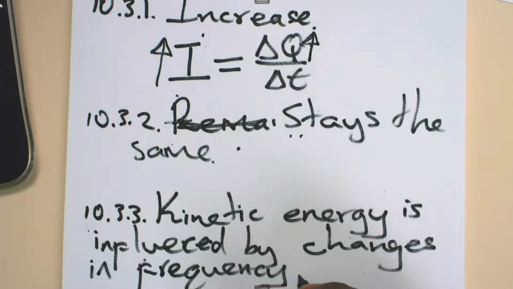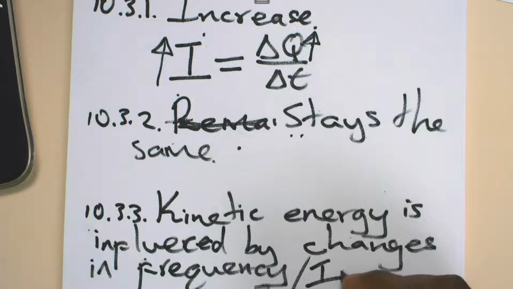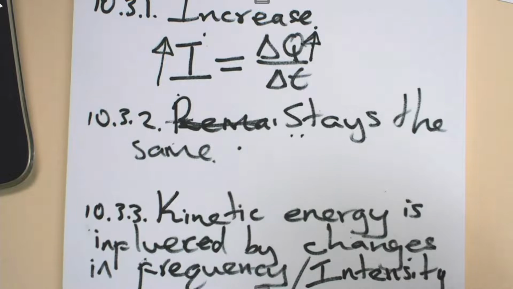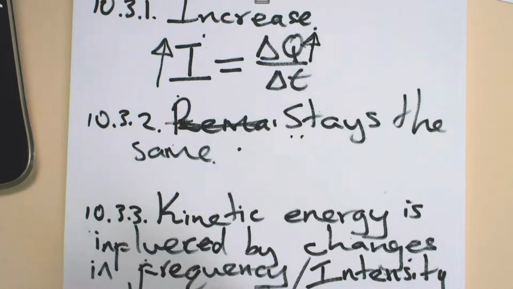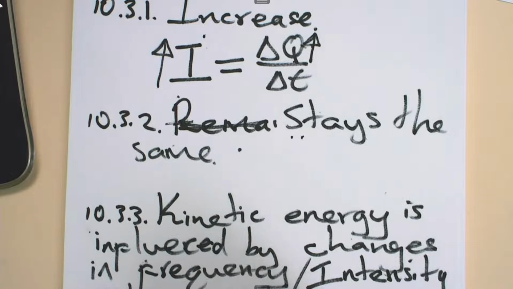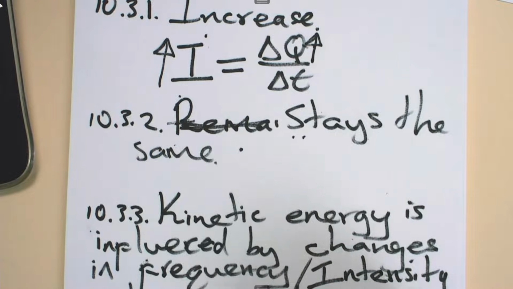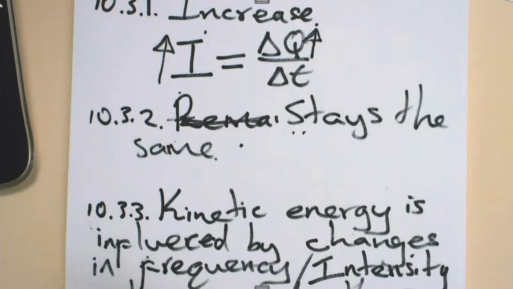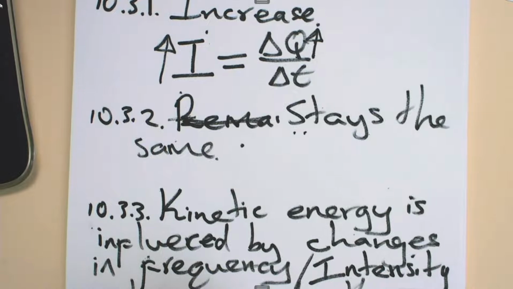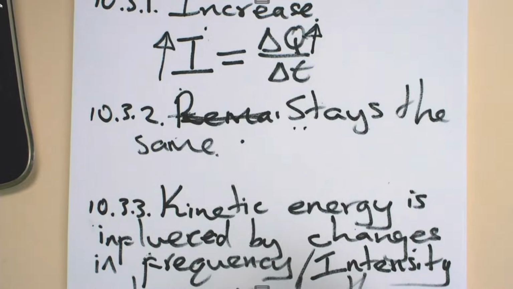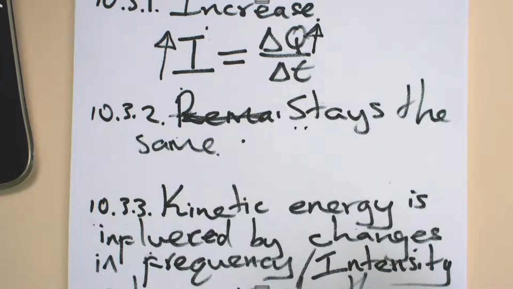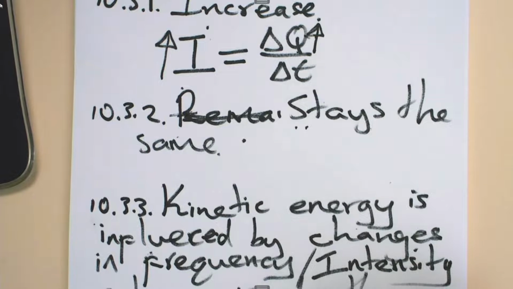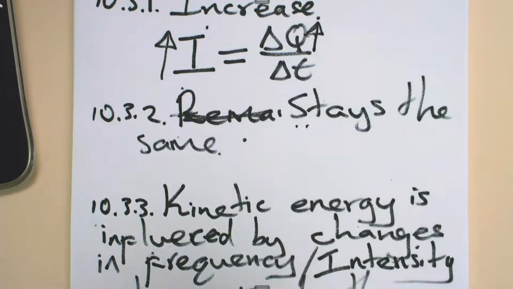Or someone might say intensity only affects the number of photoelectrons released or ejected per unit time.